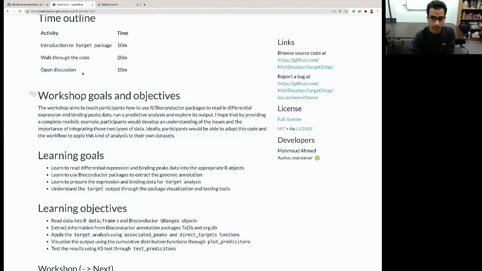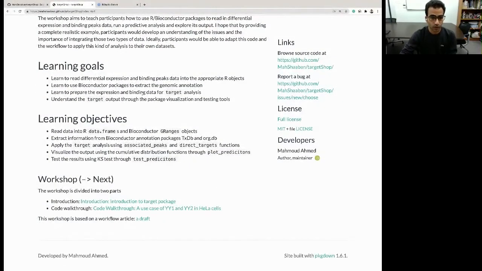So the goals of the workshop, again, is to walk through with the participants how to read in differential expression data in R, and then read in the peak binding data from the BED files in R in the GRanges object, and then to run the analysis and explore the output. I hope that by providing this example, participants can develop an understanding of the issues of integrating those two types of data, and ideally they would be able to adapt this code to their own workflow.